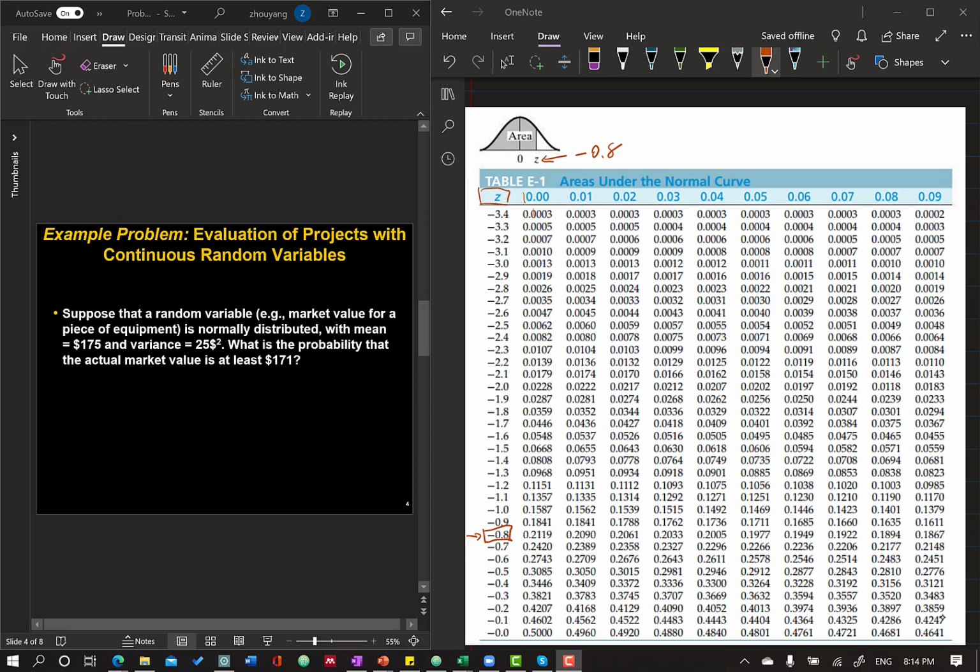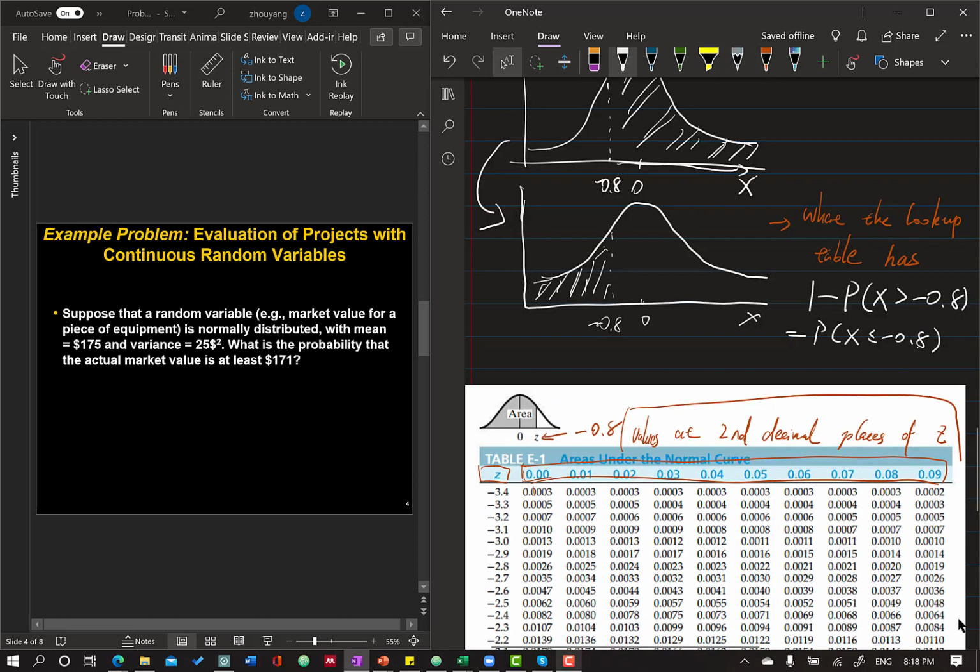The other columns are the values at the second decimal place of z. In this problem we only have minus 0.8, which doesn't have a second decimal place, so we can just take this 0.2119. So the probability that x is less than or equal to negative 0.8 is 0.2119.